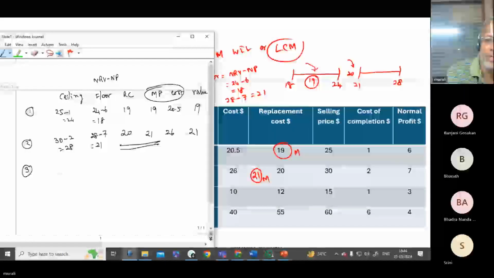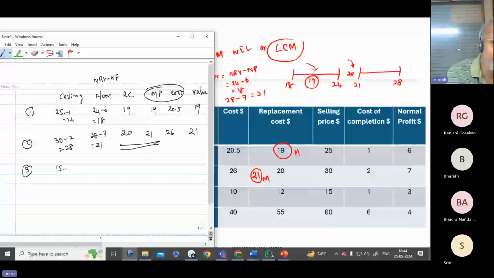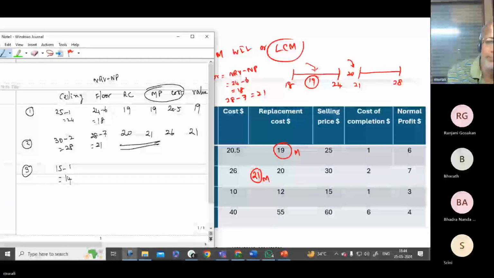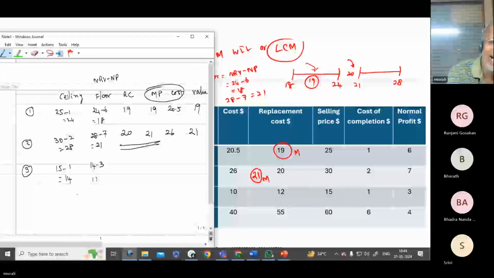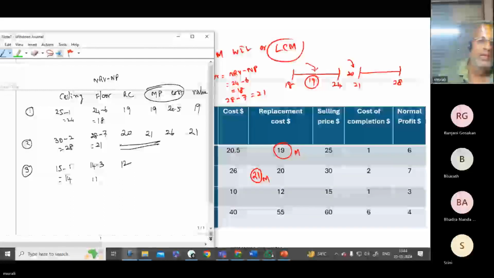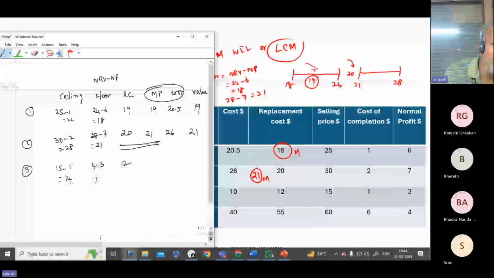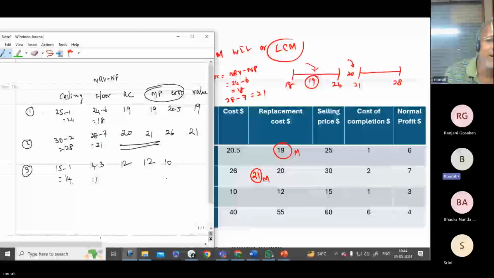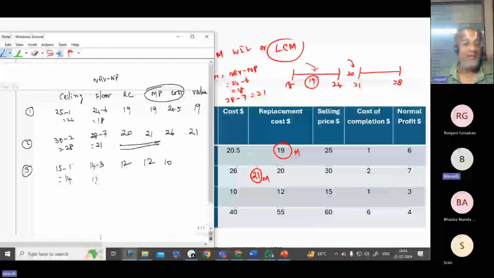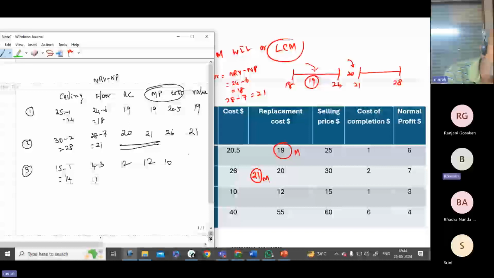Third. 15 minus 1, 14. 14 minus 3, 11. And it is 12 here. It is falling between the two, so market value is 12. But cost is less than the market price, so 10 is the value for the inventory. Is that clear?